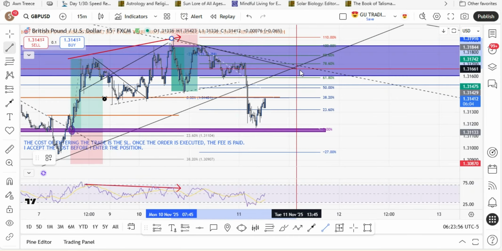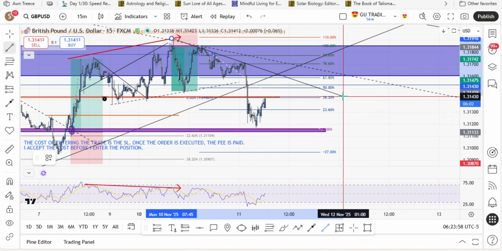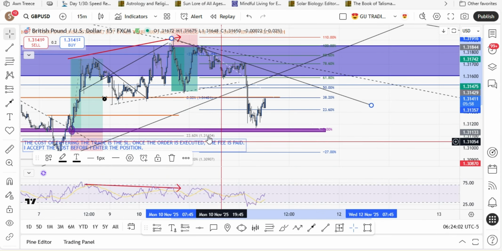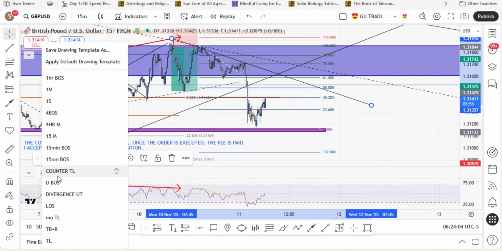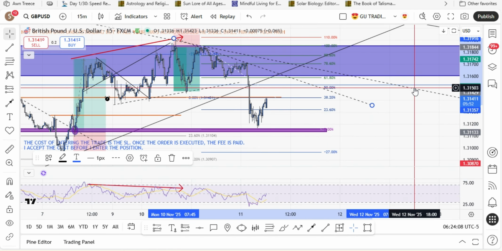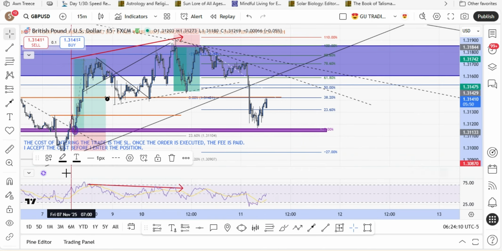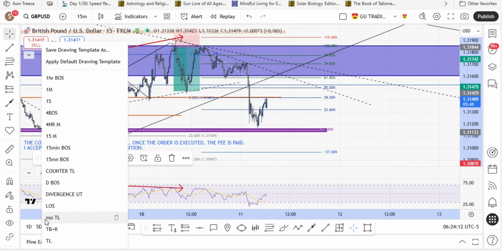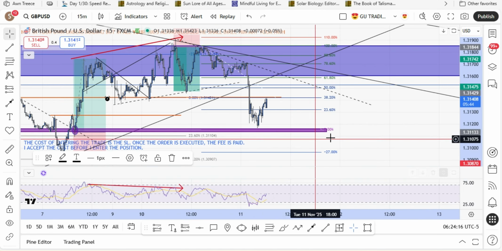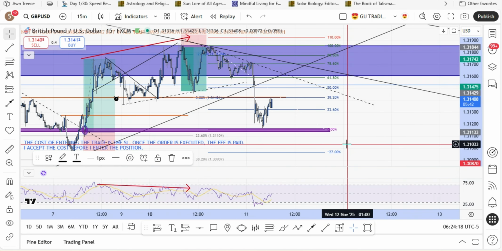Let's see. I'll put that there as a counter trend line. I'll go ahead and change this to just a regular trend line, so that way I can tell the difference.